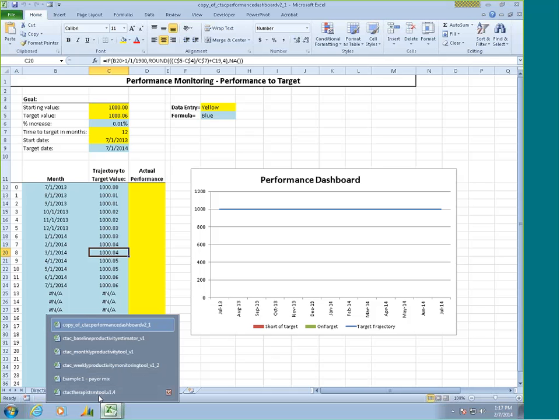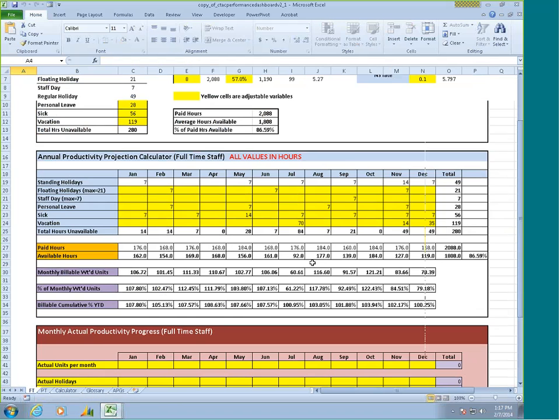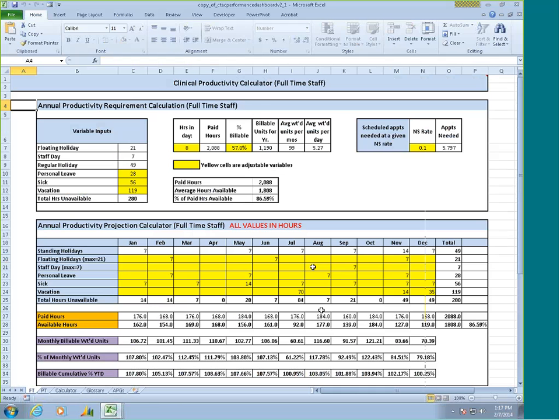So let's start with something real quick. This is a self-management tool that we developed here at Spectrum. What it does is it allows you to use the billable to paid hour concept and explain it to staff. And like I said, I'm going to go through this real quickly.